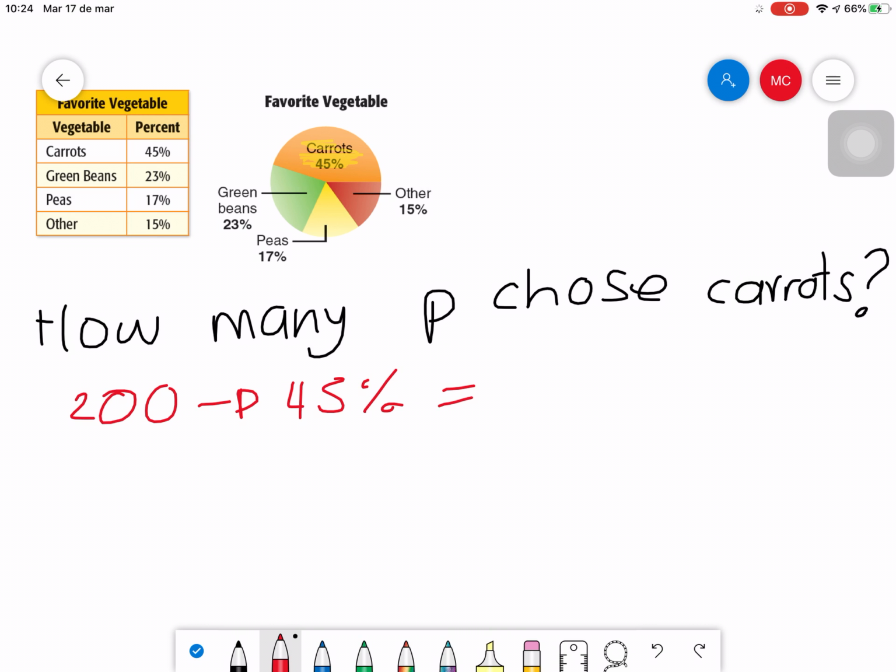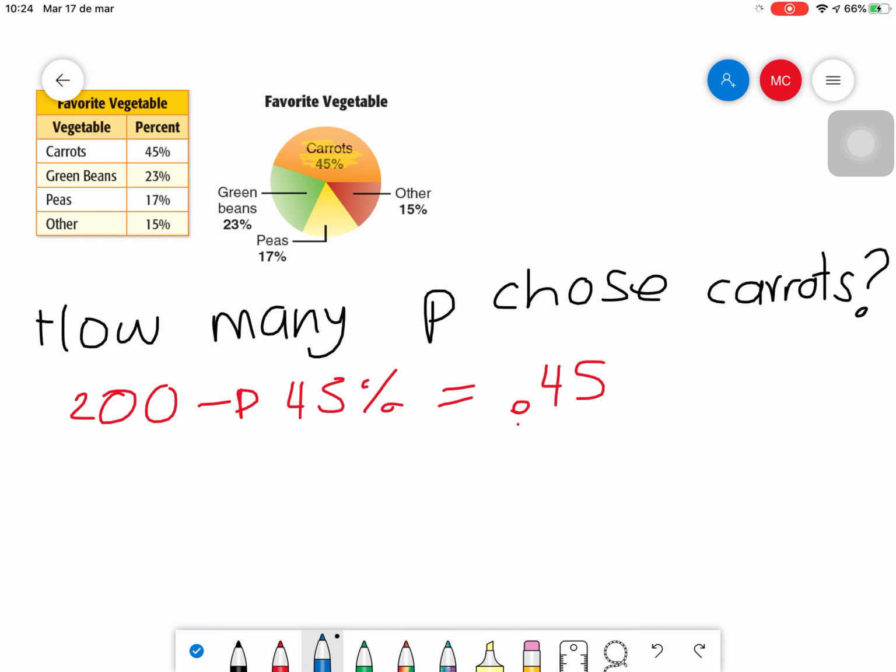The first step is to convert this percentage into a decimal, which is 0.45. And then, if you remember, we had an easy way to do it, which is multiplying.